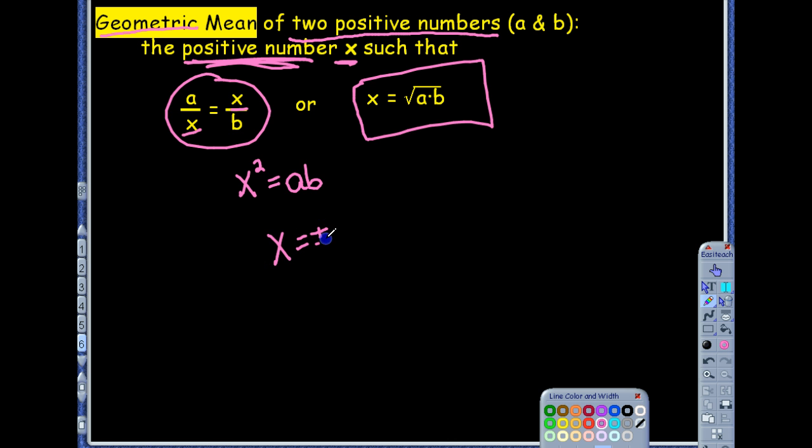In this case, the X is just going to be positive because it's dealing with geometry, which is normally side lengths. So the good thing is you don't have to worry about that plus or minus. Okay. So if I said give me the geometric mean of 2 numbers, then we could put those 2 numbers in for our A and B to find what that geometric mean will be. Easy enough formula.